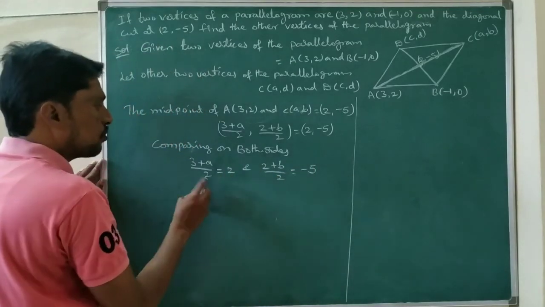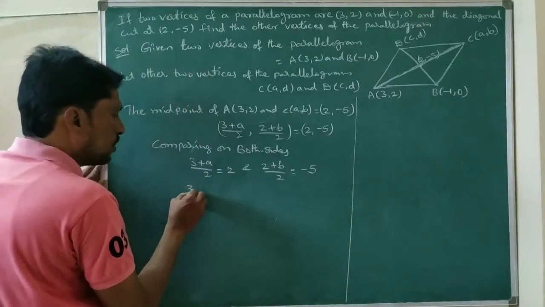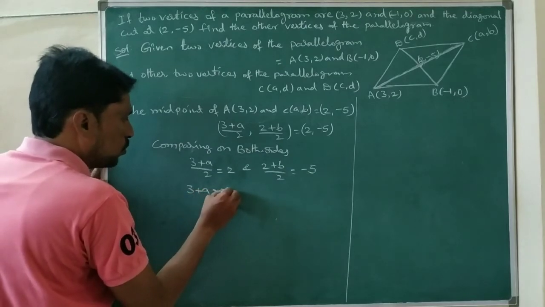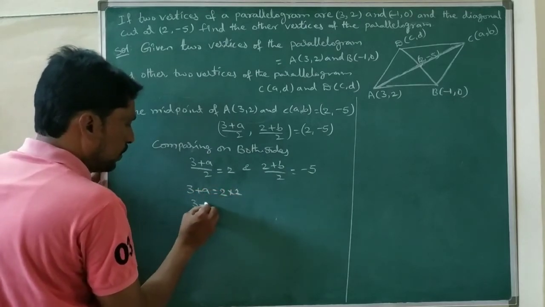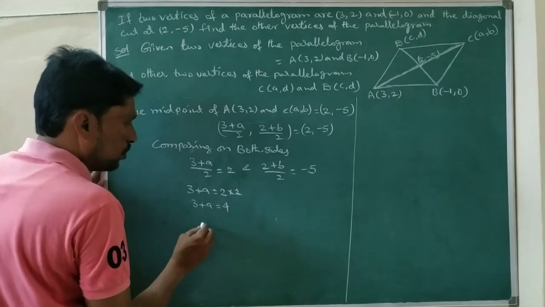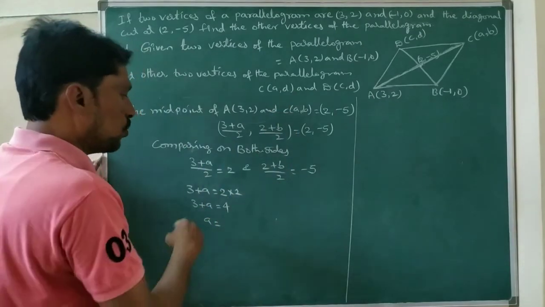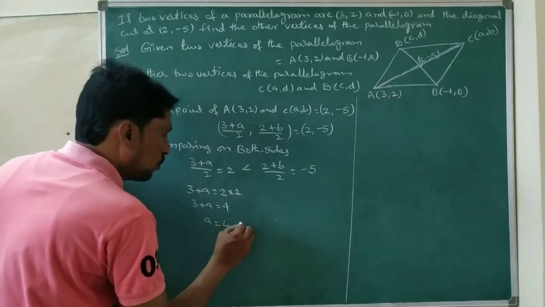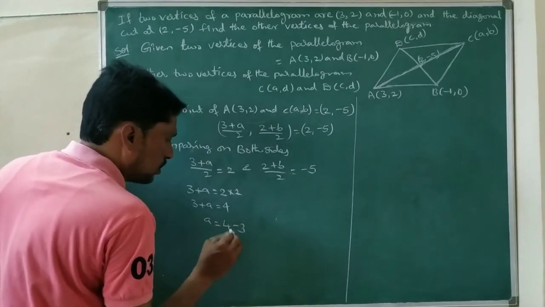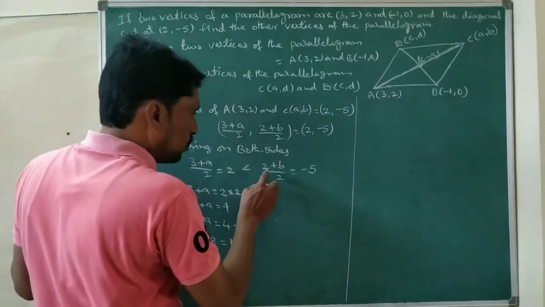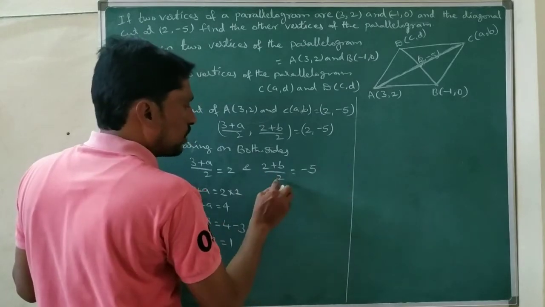Just transpose this denominator. So 3 plus a equals 2 into 2, that is 4. So a equals, this 3 we transpose to the right, plus becomes minus, so 4 minus 3. So a equals 1.